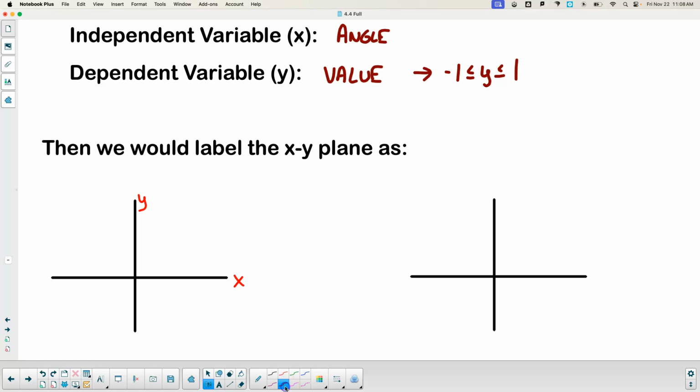Theta is going to go on my horizontal. So my inputs, my x values, are now going to be angles, and we're going to get out y values that will always be in between 1 and -1.